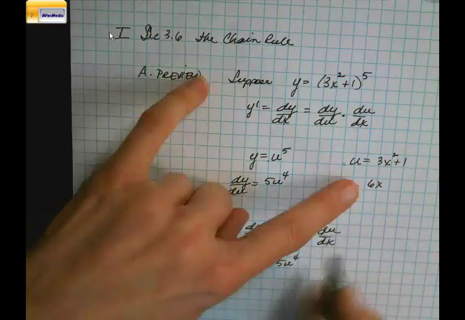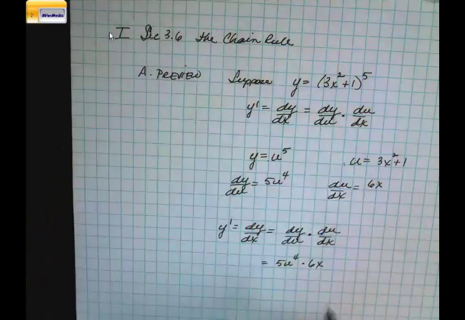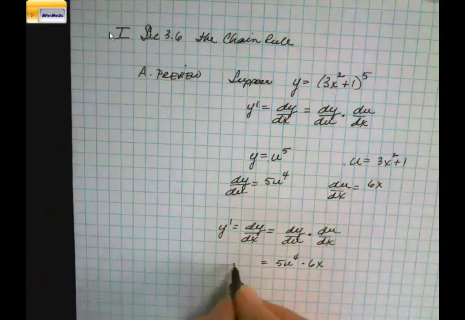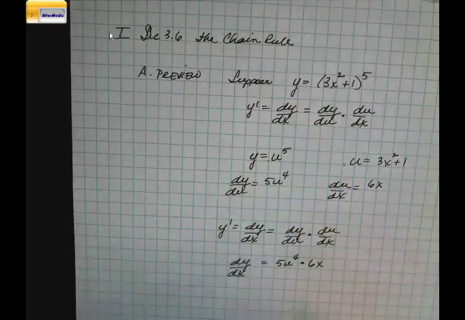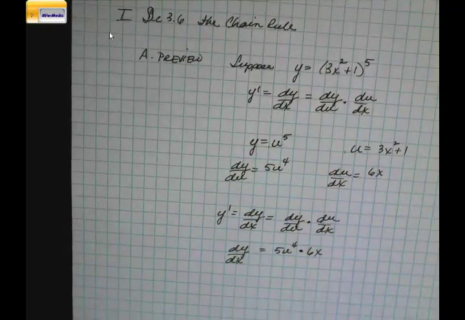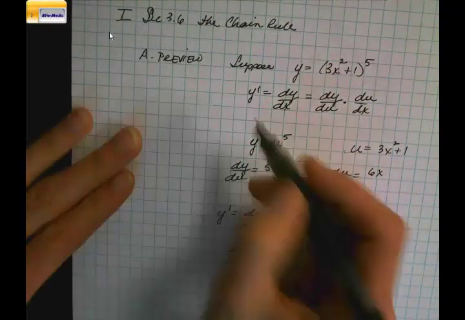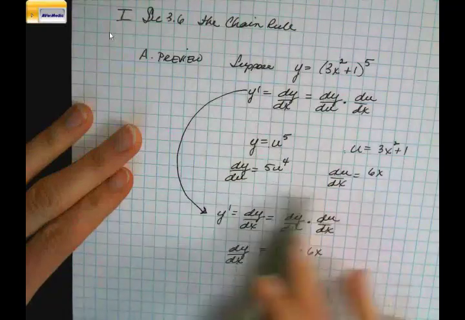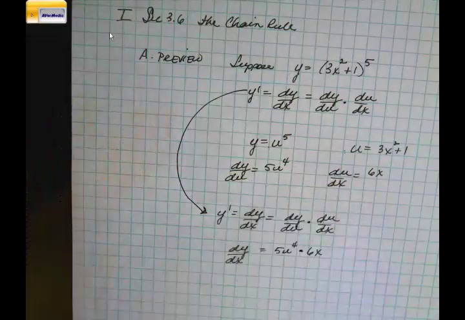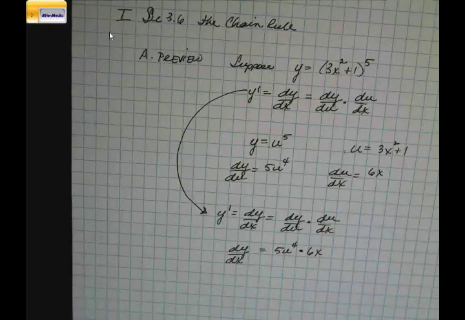And we know that du dx, we just came up with, is 6x. Times 6x, that's a multiplication. I could put it in parentheses, but it's a little cleaner in this case to put it as a multiplication. It might help if you wrap this down here to let you know that this was the work that took us to that end result.